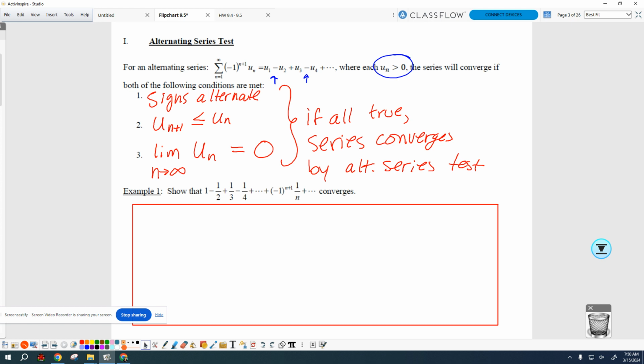I said nth term test, you can't just do that alone. Well, if these other conditions are also true, it's going to converge by alternating series test. So to use the test, you need to check: do these three things apply? And if they do, you say converges by alternating series.